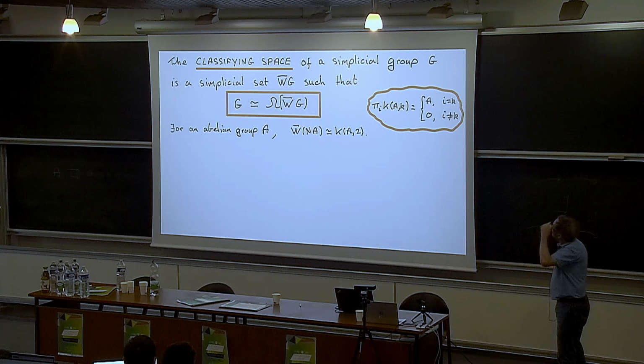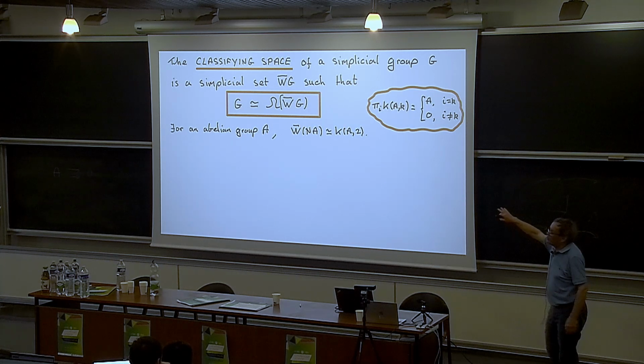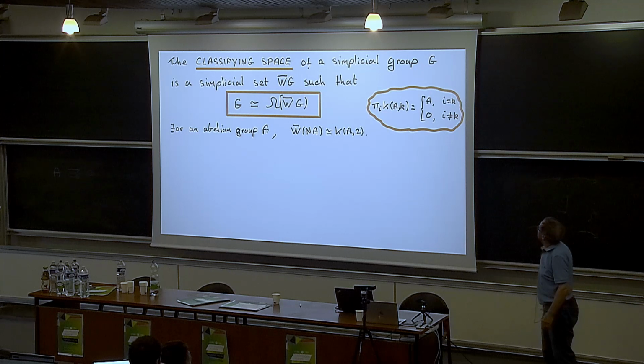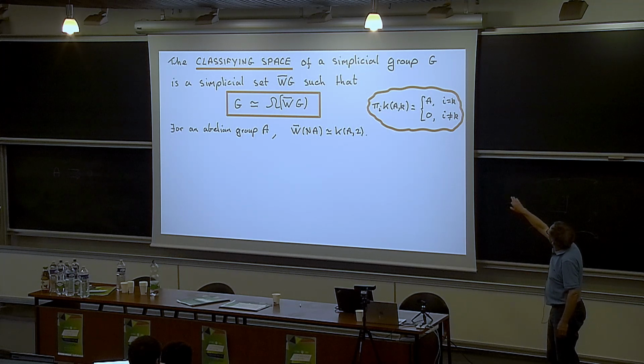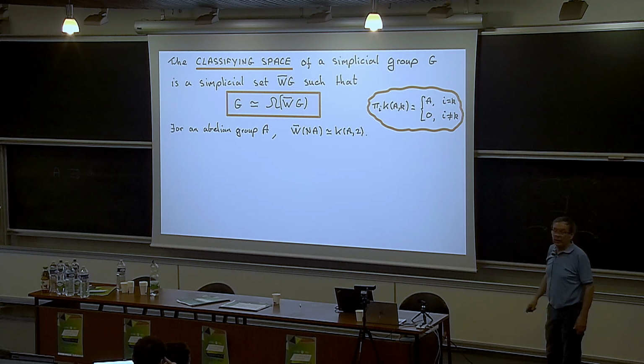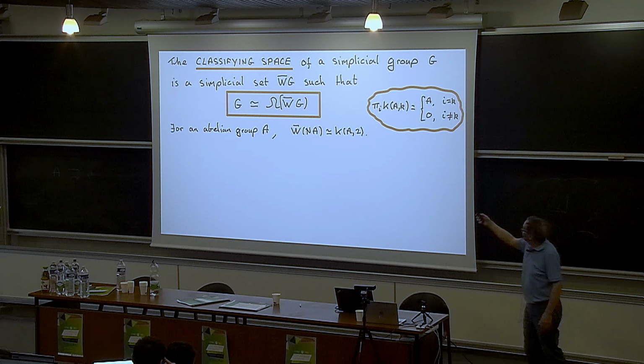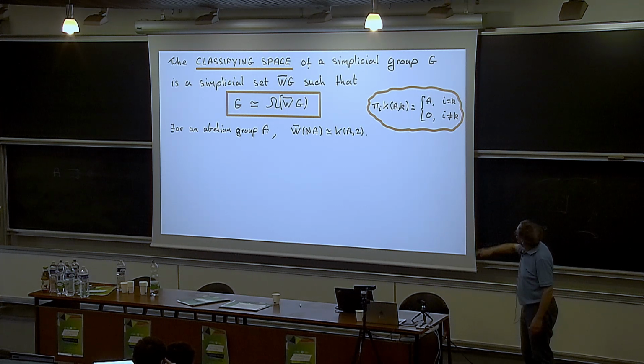So in general, you call such a space an Eilenberg-MacLane space, or maybe if it's minimal. This is the definition, I suppose, of what I'm going to call an Eilenberg-MacLane space. It's a simplicial set whose homotopy groups are trivial in every degree except for your favorite chosen degree k. And I'm just stating that there's a result that says that for an abelian group A, this W bar will give us that.